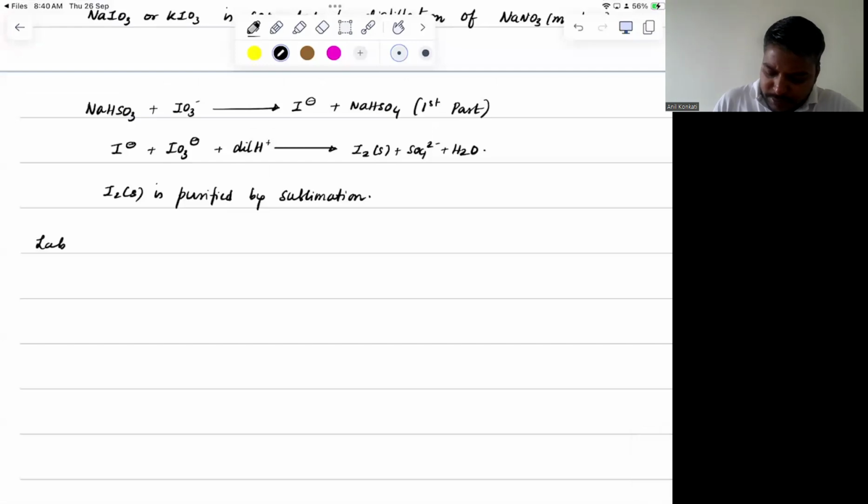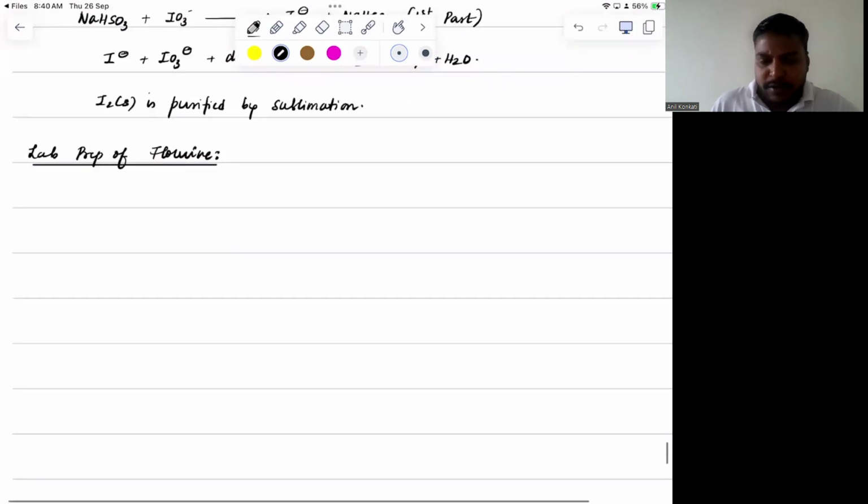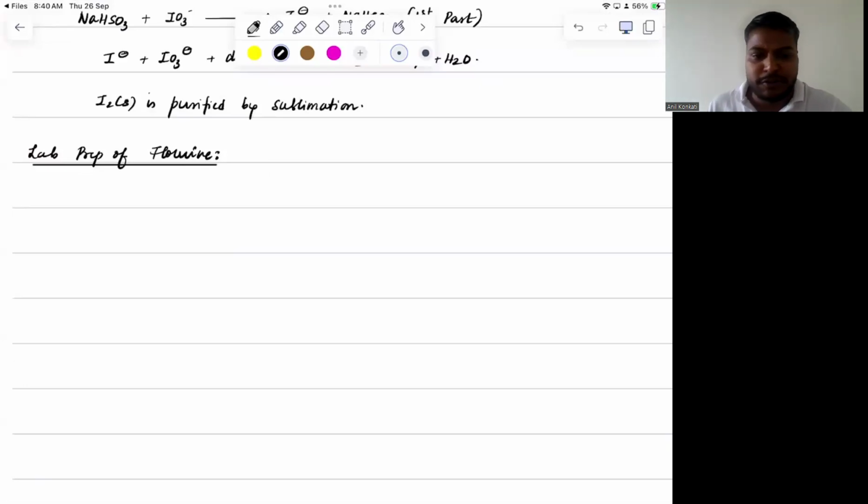Next, if we have to prepare fluorine, fluorine is very difficult in terms of preparation. In the laboratory, we go through a very rare set of reactions. One of the reactions we'll do is K2MnF6.